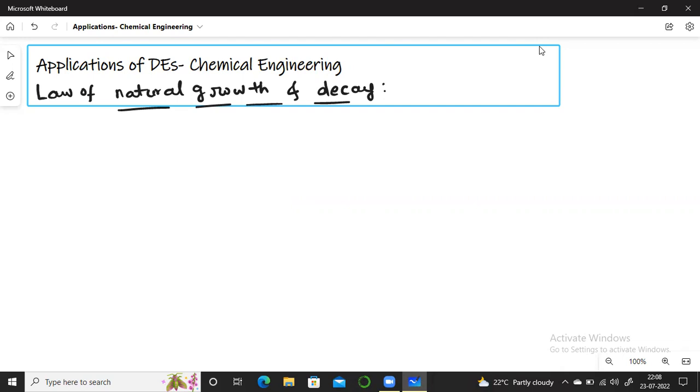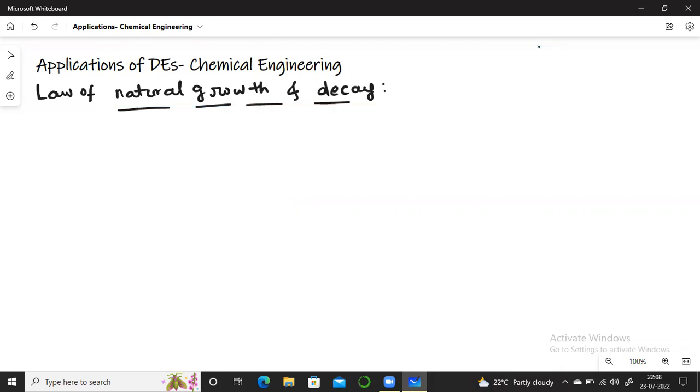And in this, I'm taking m as the mass of a particular body. Coming to chemical engineering, you can say uranium or thorium, any chemical material. M is the mass of the body. Generally, when you keep it in the environment, it will decay.